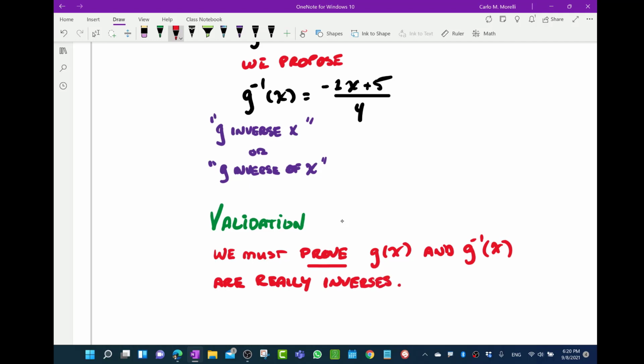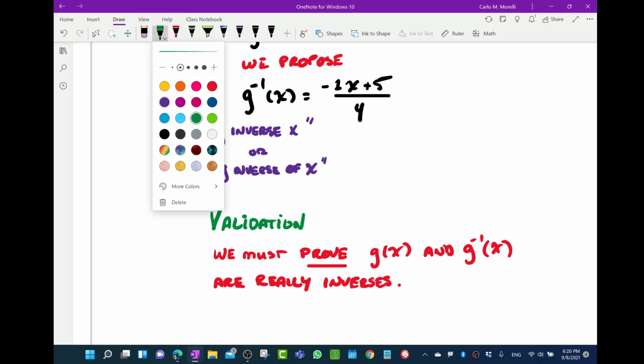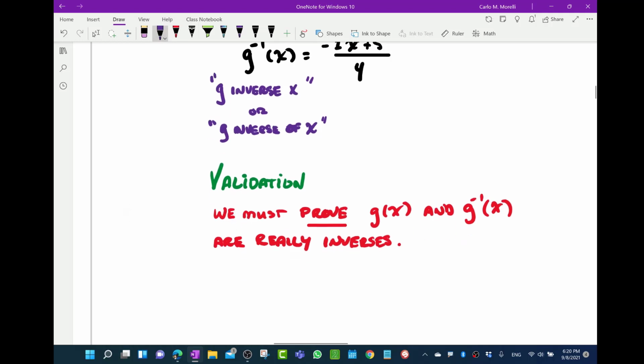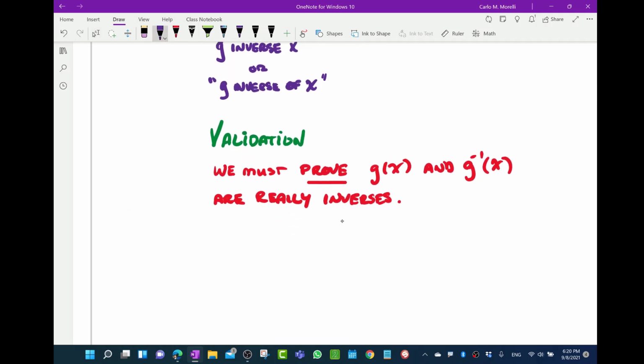Okay? Now the question is, how do you do that? All right? Well, you use the verification rule. Somebody might ask, what's the verification rule? Here's the rule.